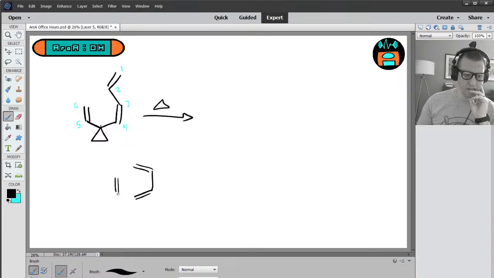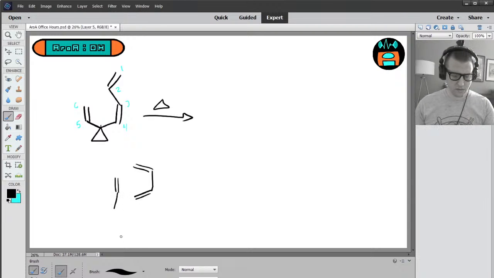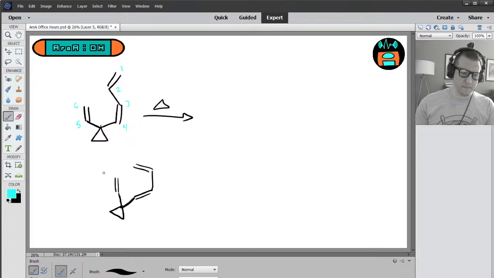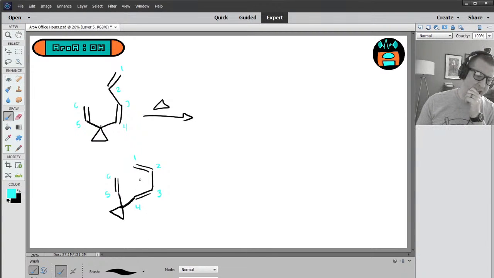So here's the weird thing. When you look at what would go down if a Diels-Alder happens, we'd make a new bond between what I've numbered 4 and 5.